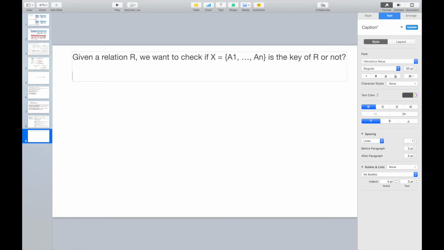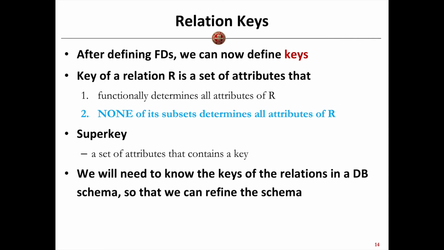I hope you still remember the definition of keys, right? Let me remind you again. Given a relation, a set of attributes is defined as a key of a relation if and only if, first of all, it can functionally determine all the attributes of the relation. In addition, none of its subsets determines all the attributes of the relation.